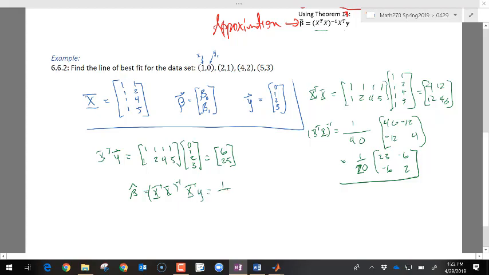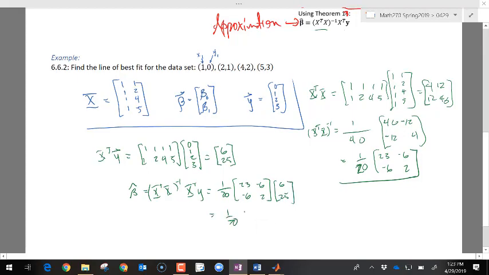And we have 1 over 20, 23, negative 6, negative 6, 2. Apply that to 6 and 25. So I think we can just keep the 1 over 20 out and then do this application. Now what? It's a negative.